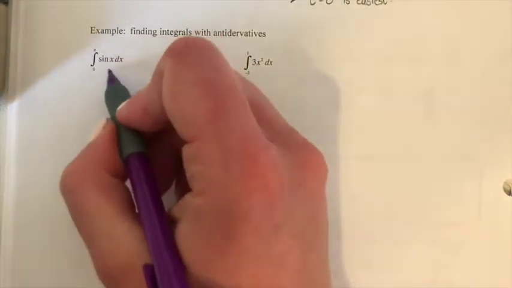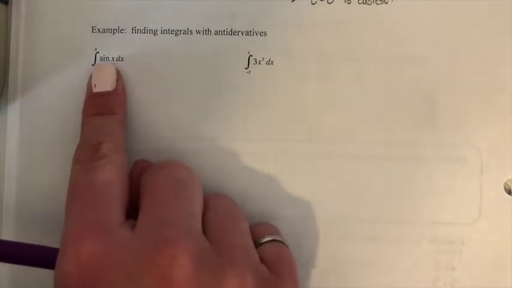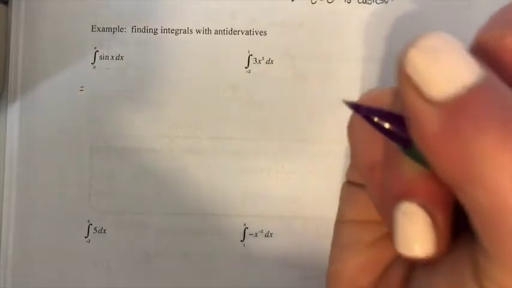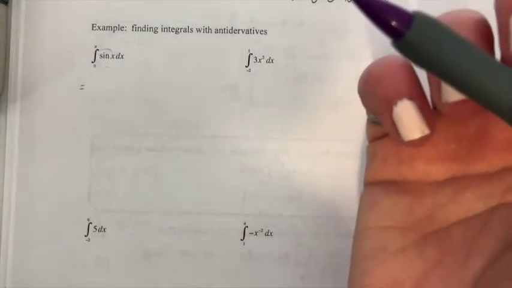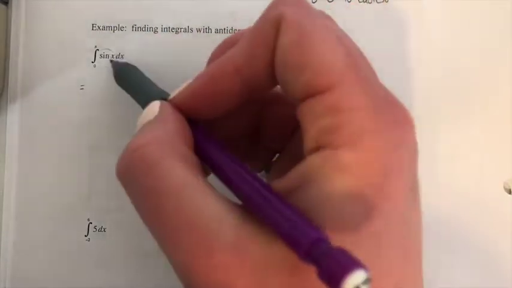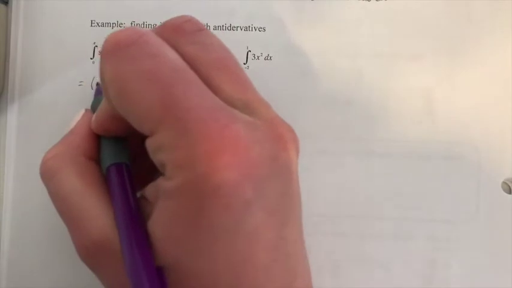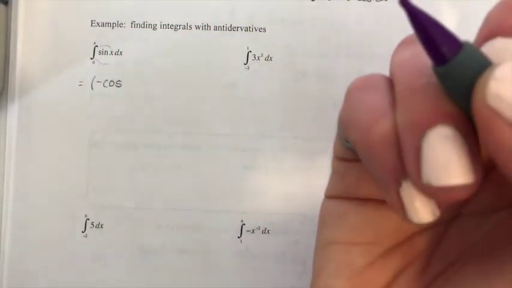We're going to figure out, okay, what is the antiderivative of this function inside here? What do I need to take the derivative of to get sine? I know that the derivative of sine is cos, and the derivative of cos is negative sine. So if I ended up with a positive sine, I must have done the derivative of negative cos, okay?